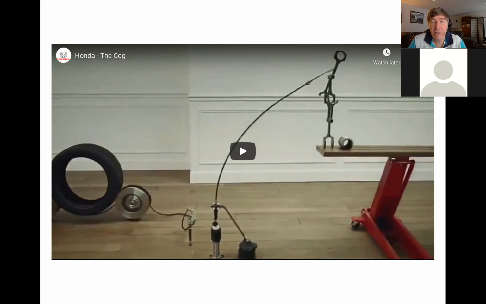Honda makes cars, and Honda has a reputation for high reliability. Honda cars, they usually work really well. So what the people at Honda did, which I really loved, was they took one of their Honda cars, they took it apart, and they took all of the pieces.